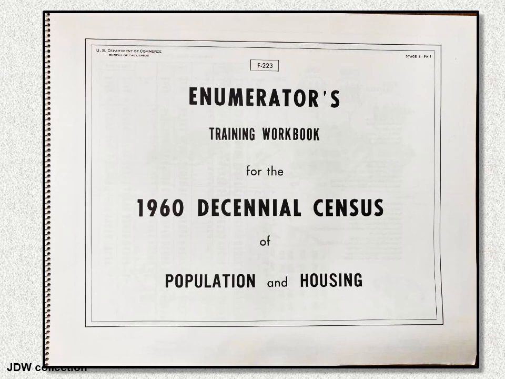So you have here, you're looking at a stage 1 training workbook. Everything has a document number. I'm going to show you another workbook in a second that looks exactly like this one, but it has a different number and it's different on the upper right.